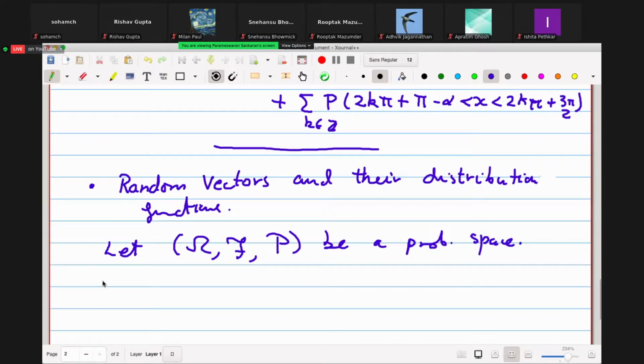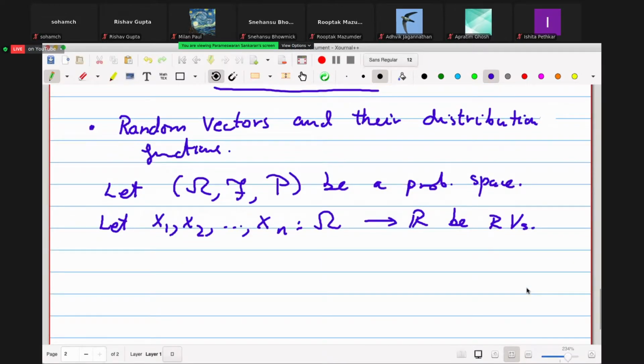Suppose X1, X2, up to Xn, all from omega to the real numbers, are random variables. Then we obtain a function. What is that?